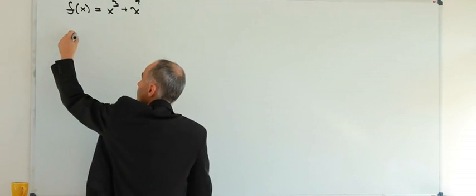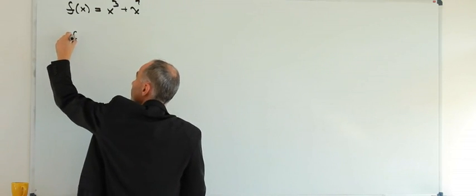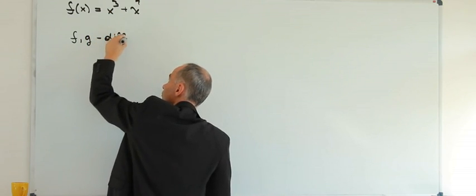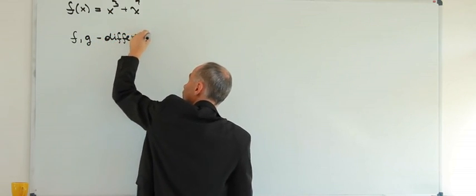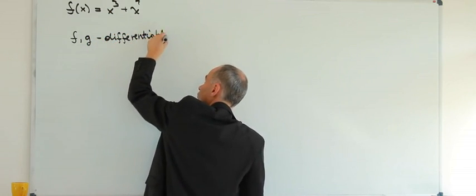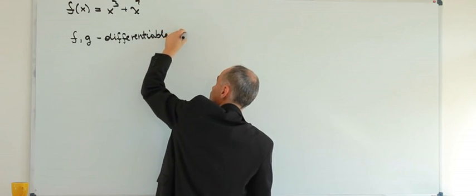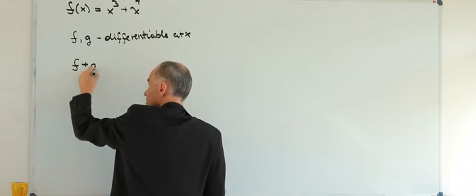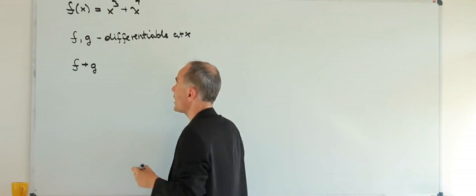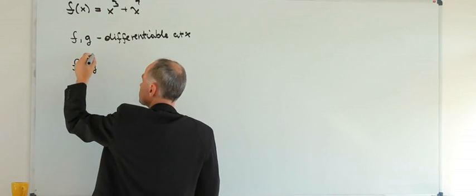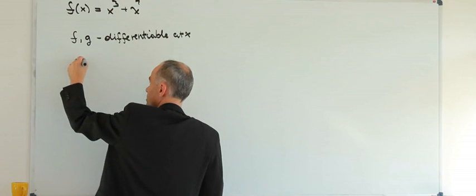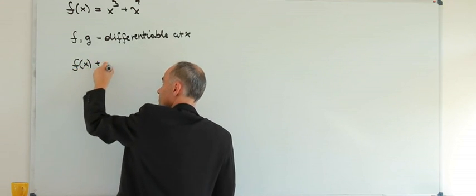Let me state these rules. If you have two differentiable functions at x, then the sum is also differentiable at x. Maybe let me write down clearly that these functions depend on x.